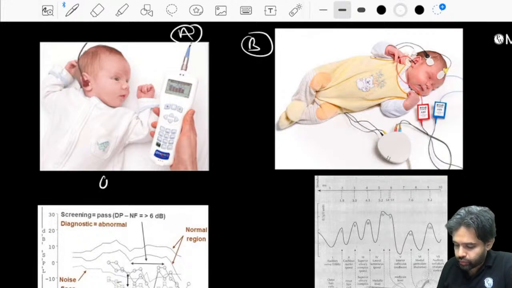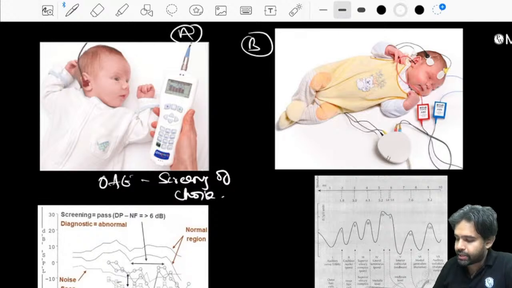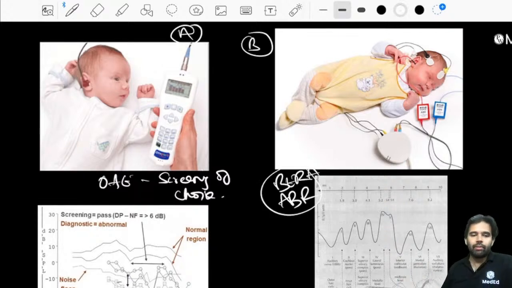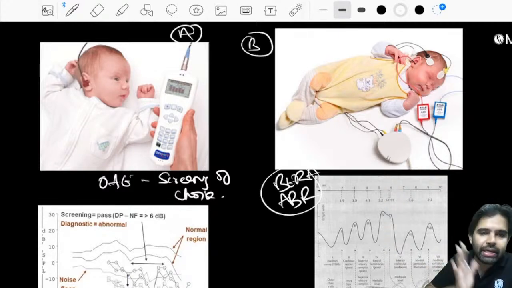This is your otoacoustic emission, the screening of choice, whereas B is nothing but BERA or ABR. It's the same thing. BERA is brainstem evoked response audiometry. ABR is auditory brainstem response. All right, now how do you differentiate in a simple way? In OAE there are no leads and wires.